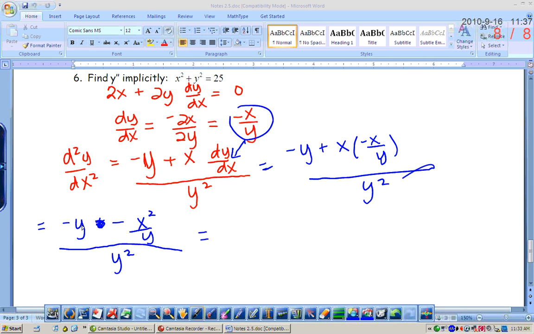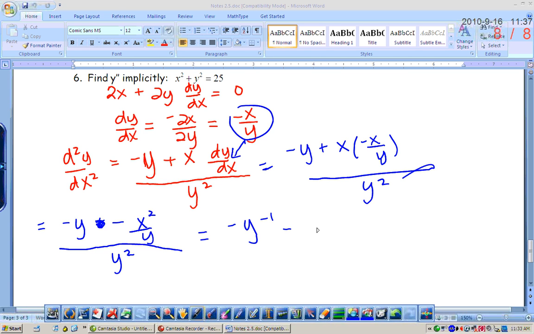So now I'm going to think about dividing everything by y squared. If I have negative y over y squared, what does that reduce to? I could either do negative y to the negative 1 or negative 1 over y, either way.